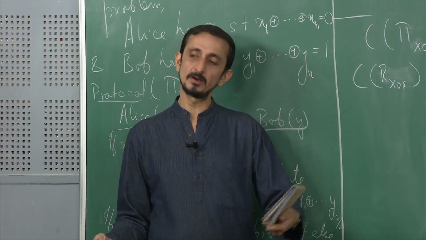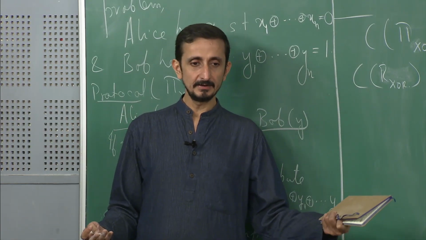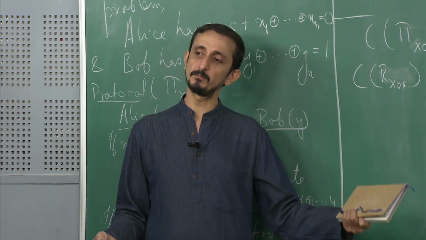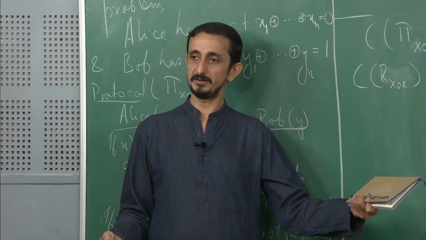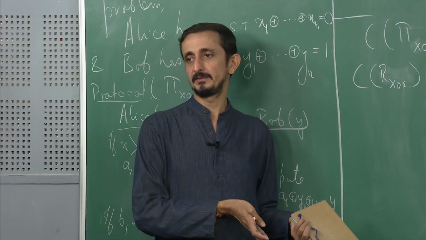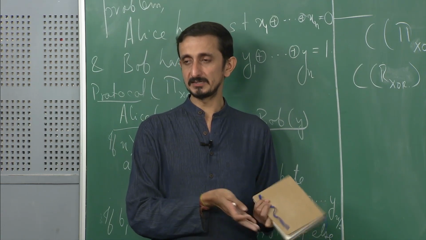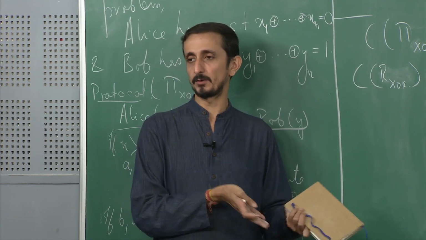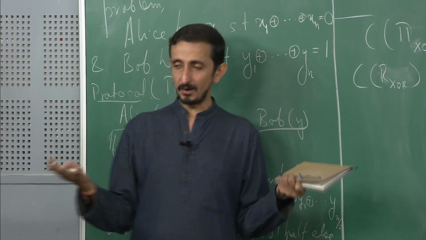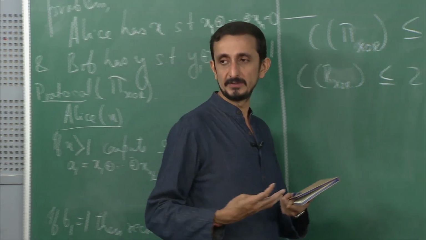The other is: I look at the communication problem corresponding to this function, and ask what is the minimum number of bits in which that problem can be solved, the minimum communication complexity. These are the two frameworks, and I want to study the connection between them.